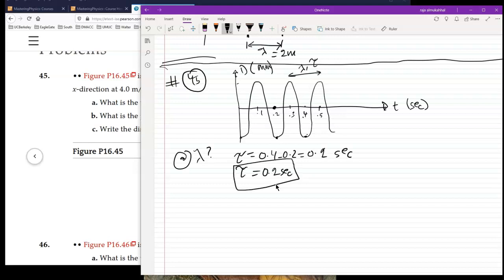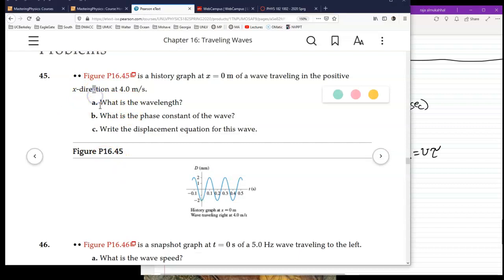Now, the lambda here is not terribly obvious because we're not given the x-axis in terms of displacement. We're just given in terms of time. Okay, but there is a trick to it, of course. Lambda is equal to v over f, correct? Or, if you will, v tau, right? Now, is the velocity given to us? Yes, there it is right there.